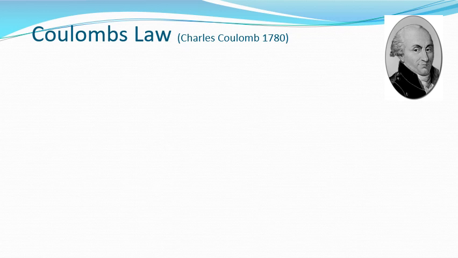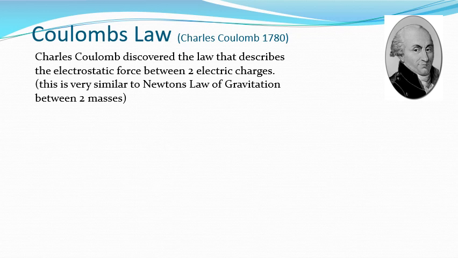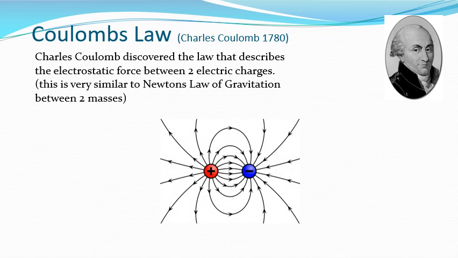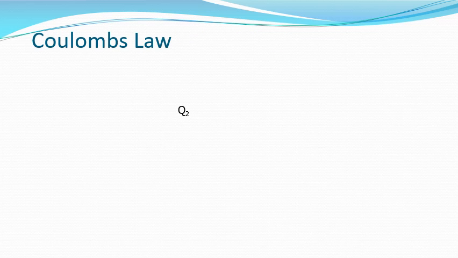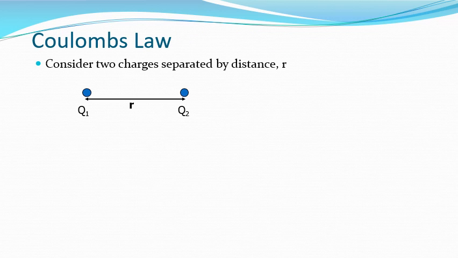So here's Charles Coulomb, and he discovered a law that described the forces between charges, and this is very similar to Newton's law of gravitation between two masses. Here we have the electric field patterns around two charges. So if we consider two charges, charge Q1 and charge Q2, separated by a distance r, just like the gravitational rules, we use r rather than d for distance.